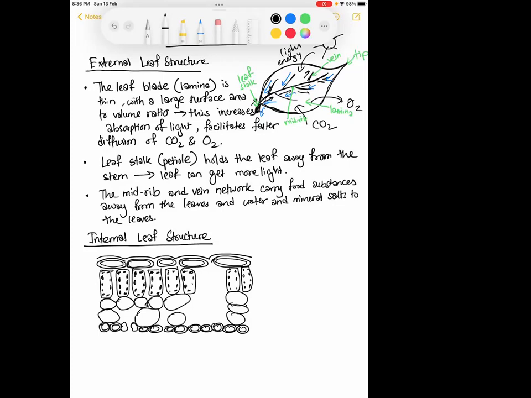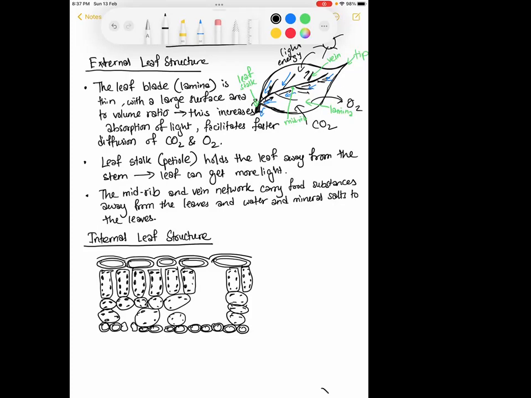Now, another thing is that the spongy mesophyll cells also have chloroplasts. Okay, all right, let's first label these for now.